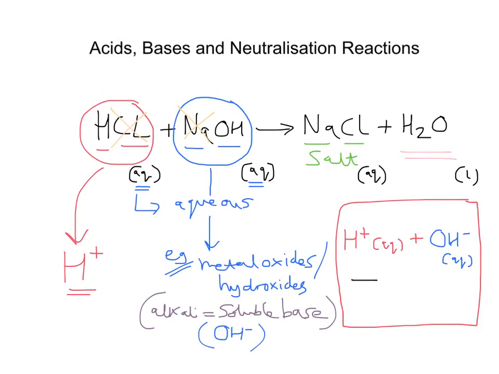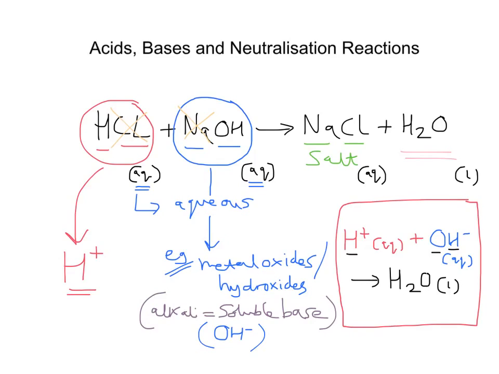That forms H2O, and that's a liquid. So H plus with an OH minus forms H2O. You can see H2 there and the O. And that's how you actually represent a neutralization reaction using these ions, with state symbols.